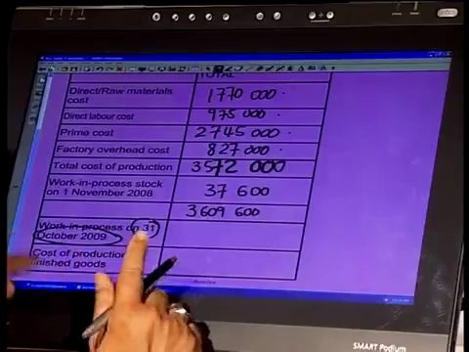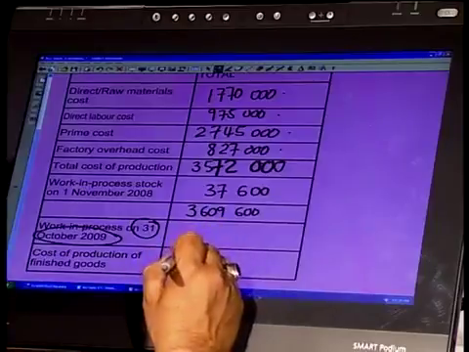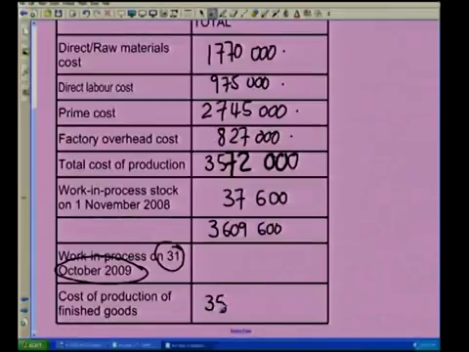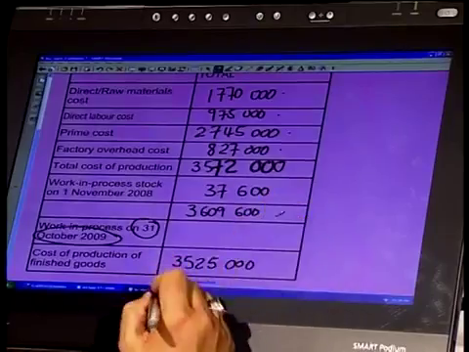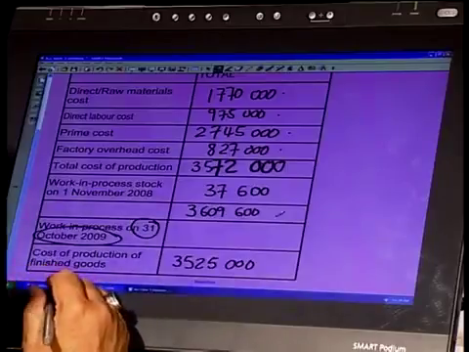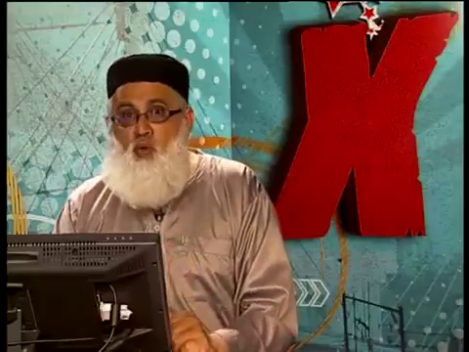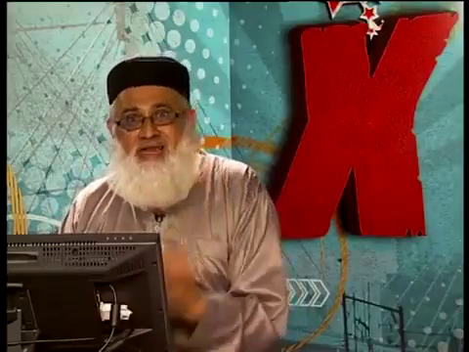3,525,000 is my total cost of production of finished goods. And there's where it's going to be slotted in. The total cost of production of finished goods. What was the figure? 3,525,000. In other words, grade 12s, I've got a work with figure here.